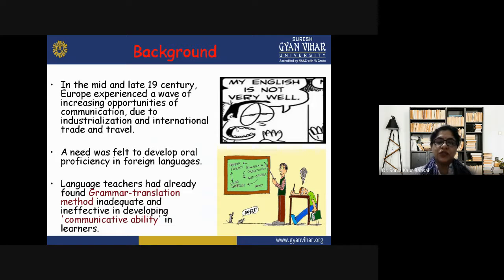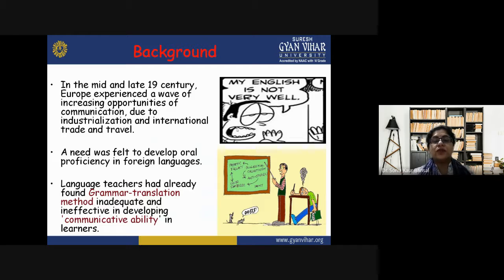Language teachers had already found the grammar translation method, also called GTM, inadequate and ineffective in developing communicative ability in learners. Students, try to understand that when one method was found inadequate, people felt the need to develop oral proficiency in foreign languages.